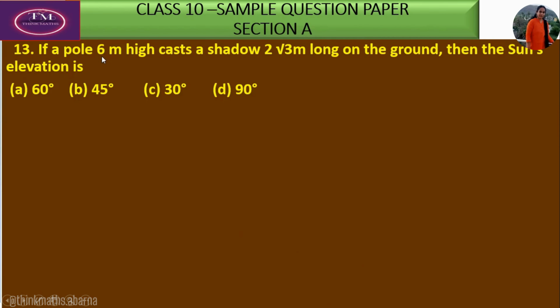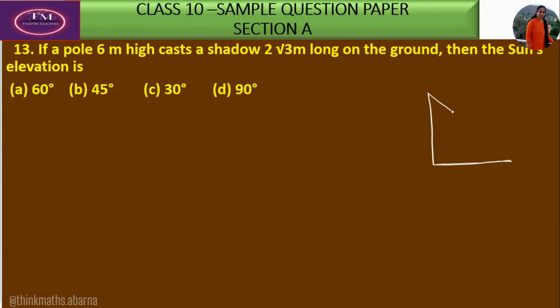If a pole 6 meter high casts a shadow 2 root 3 meter long on the ground, then the sun's elevation is. So here there is a pole. So this is based on applications of trigonometry. So there is a pole and this pole casts a shadow on the ground.